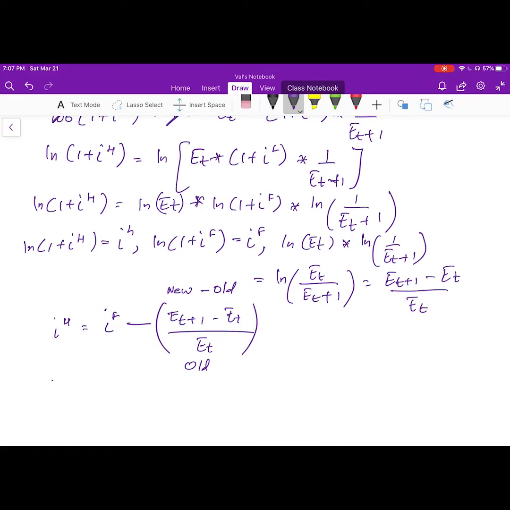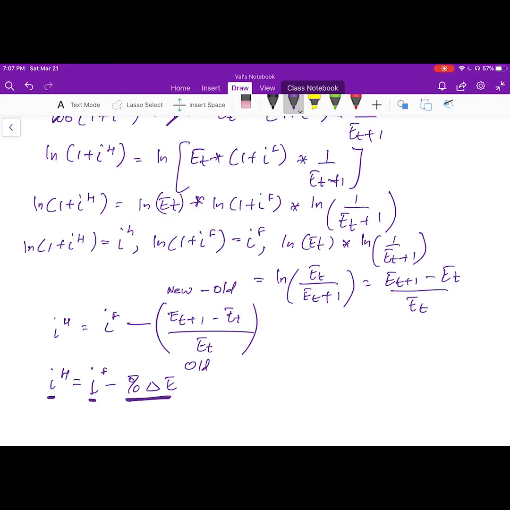So you could also say that the interest rate parity condition says that the differences in two interest rates are explained by the future or expected change in the exchange rate. Differences in two interest rates between two countries is explained by the percentage change in the exchange rate between those countries from t as in today to t plus 1 as in tomorrow.